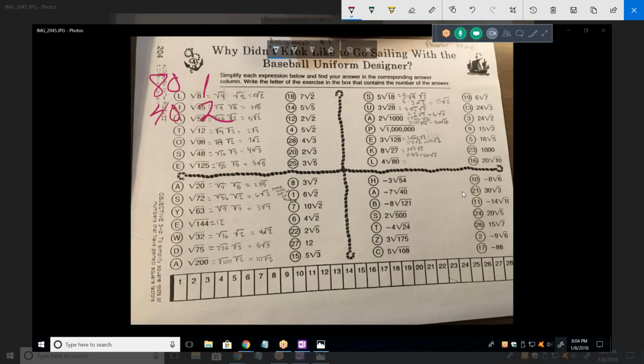I can cut it in half again, which means I have to double that. I can cut it in half again, double that. And finally, I can cut it in half one more time. And now I can't cut 5 in half anymore, or thirds, or anything else.